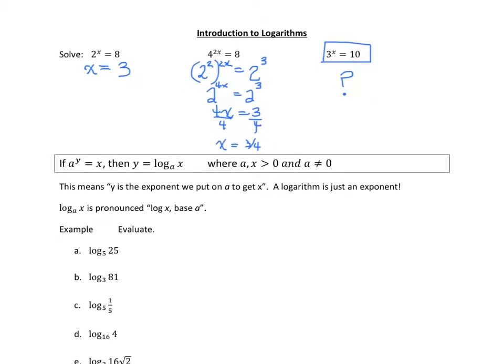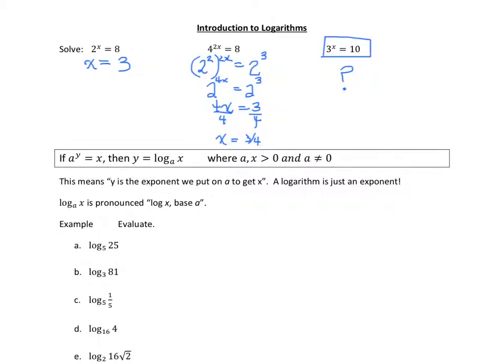So first of all, we need to introduce you to the notation for logarithms. So looking here, I've said if a to the exponent y equals x, then y is equal to log x base a. So logarithms give you a way to write the exponent in terms of the other two parts in an exponential equation.